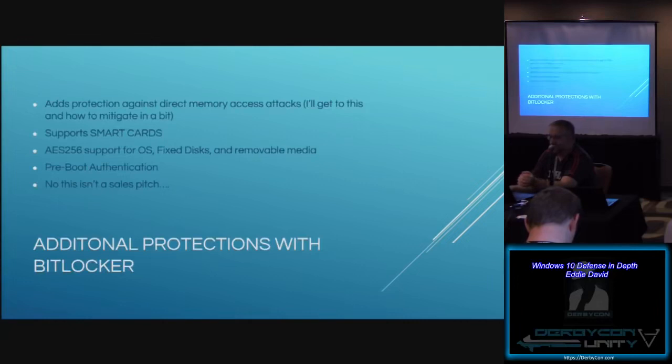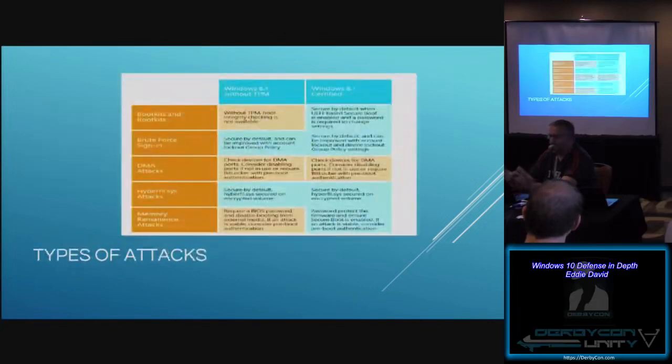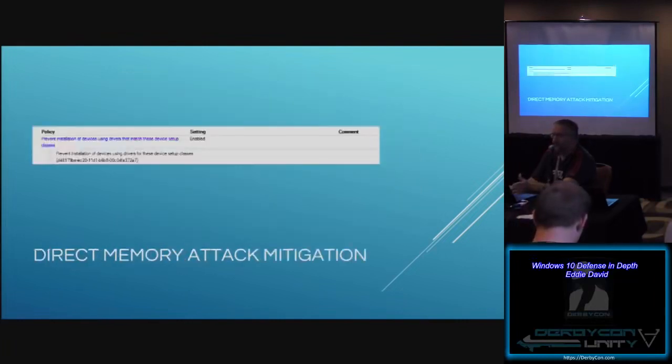This also supports smart cards, AES 256 supported for OS fixed disks, removable media. You can do pre-boot authentication. Again, this is not a sales pitch. This is just some of the things that I've done with BitLocker and how to lock it down and secure it based upon these four different items, which are boot kits and rootkits, brute force sign-ins, DMA attacks, MRA attacks, all that kind of stuff.